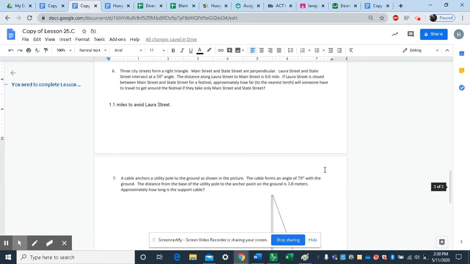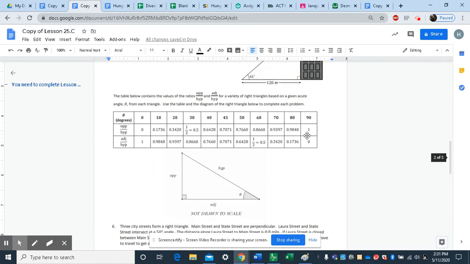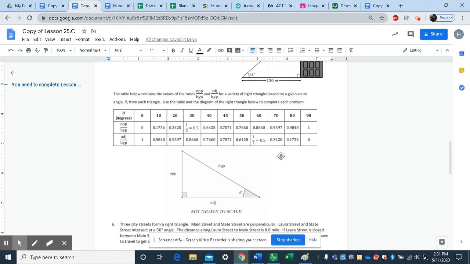Because it's 70 degrees, we're going to be looking at our 70-degree column, which means that our opposite over hypotenuse is going to equal 0.9397. Every triangle that has a 70-degree angle as the marked angle is going to have the opposite divided by hypotenuse equal 0.9397.